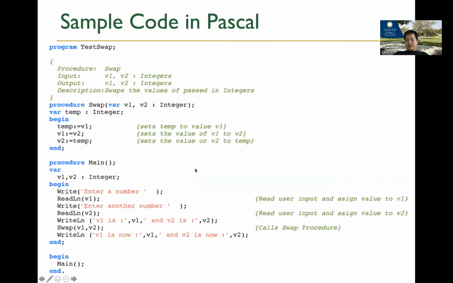So here's the example. This is a program written in Pascal. You don't have to learn Pascal, but one thing to keep in mind is this language is considered to be the most clean, nicely structured language ever.